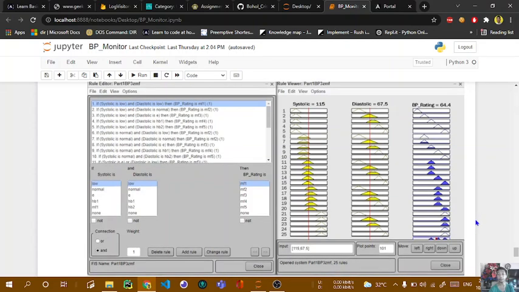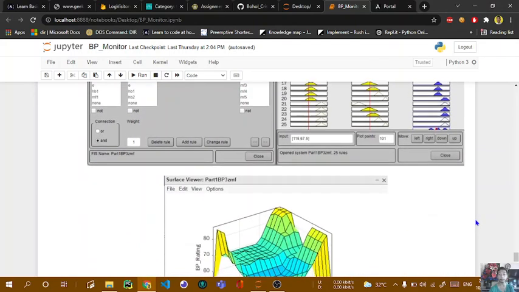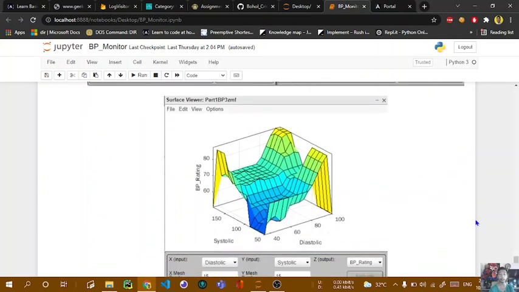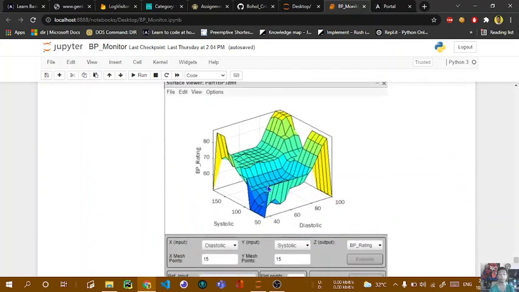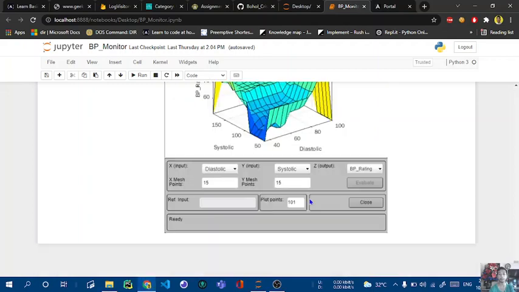We have 64.4% of it. When we see the surface viewer, these are all the rules plotted. If you have a low, it will check what the BP rating would be if you have, for example, 150 systolic and 80 diastolic. So that's all.